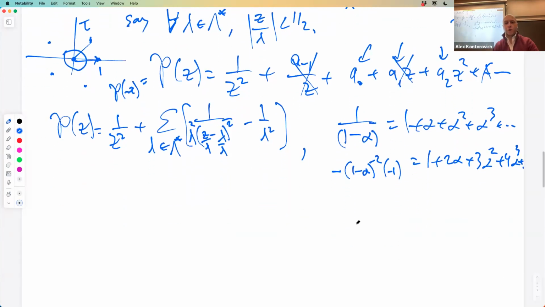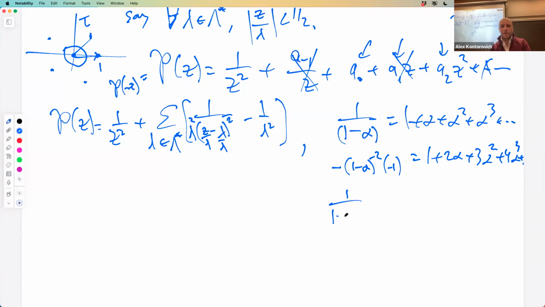So in fact, 1 over (1 minus alpha) squared is a sum over L greater than or equal to 0 of (L plus 1) alpha to the L. The coefficient is L plus 1 by the looks of it. You buy that?